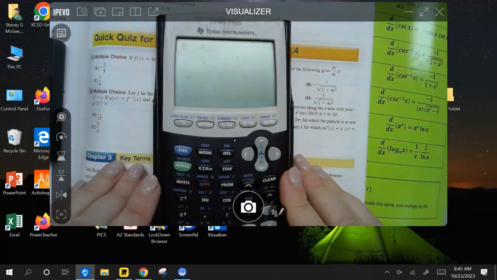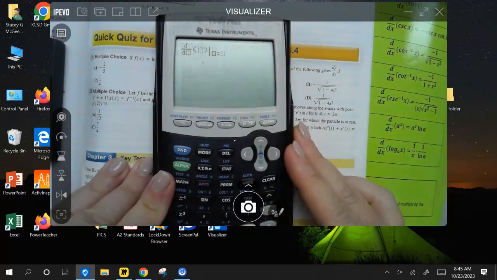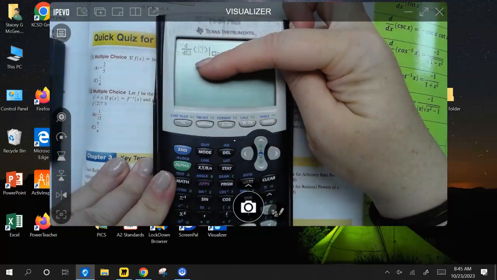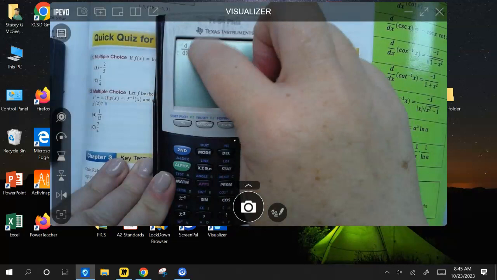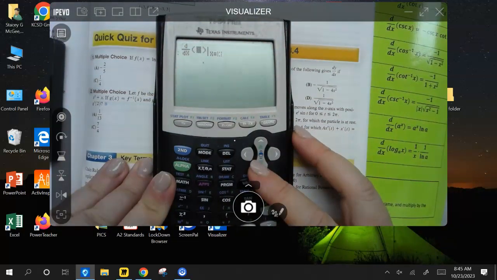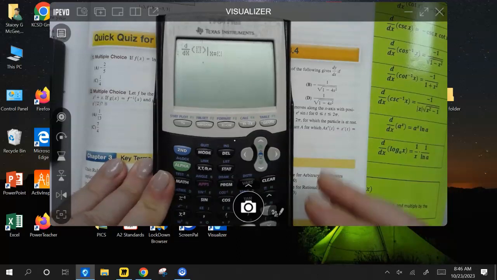I'm going to do math, nDeriv. I'm finding d/dx, right? That's with respect to x. I'm going to put y1 here. I've already typed that equation in. You can always type the equation in after you call up nDeriv. I just like to have it in y1 in case I need to do something else with it. I may need to graph it. I may need to look at it at another value. I like to have it there to reference.